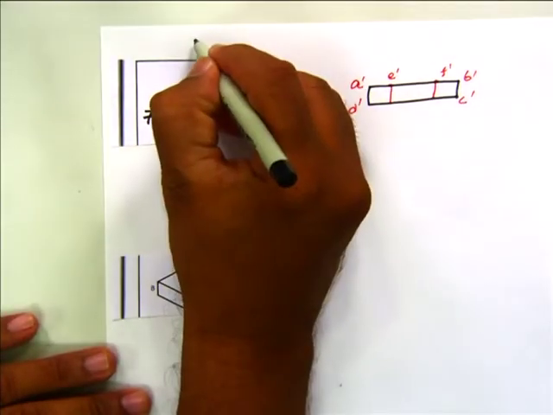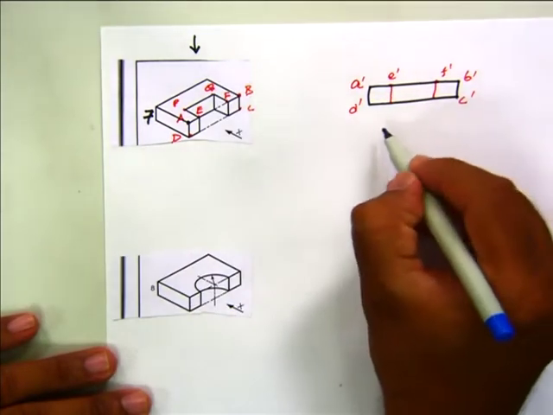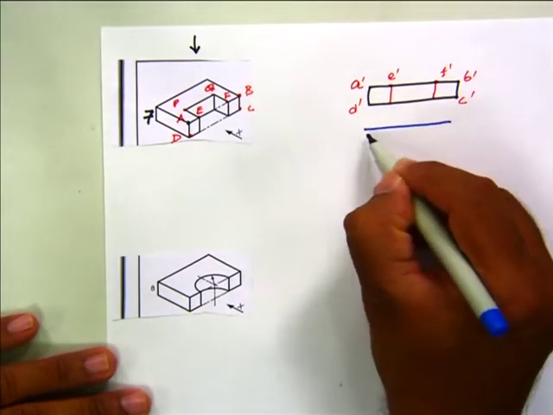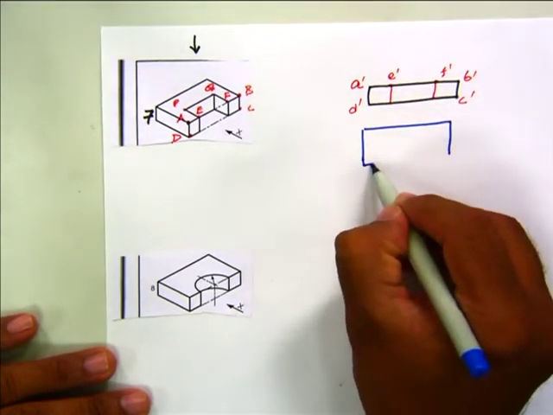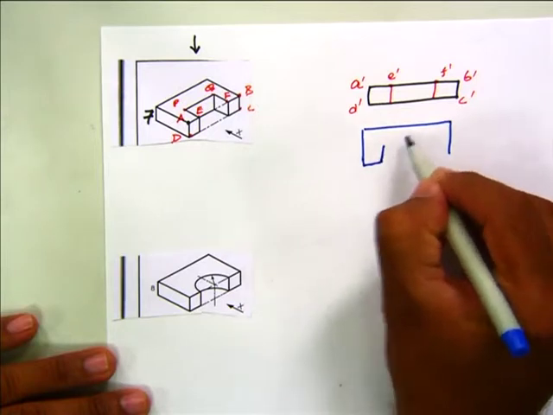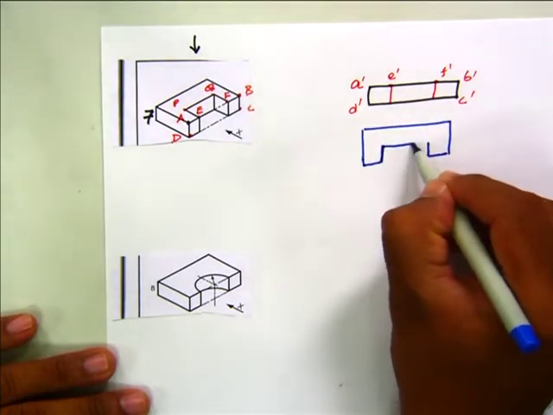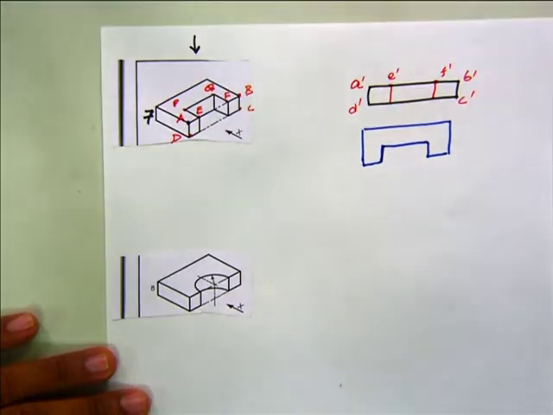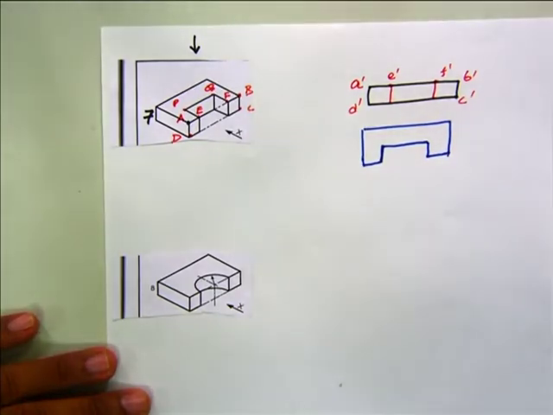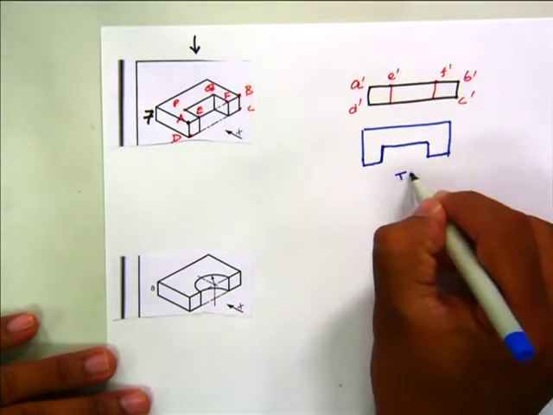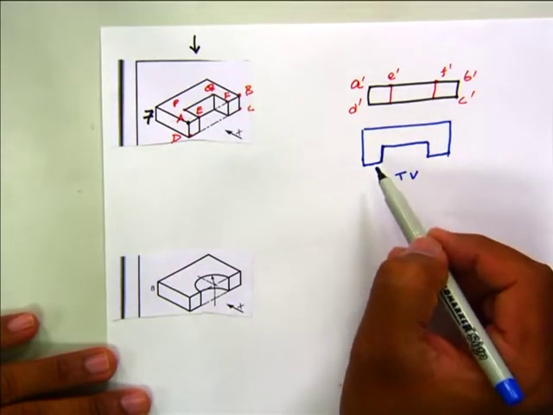When you are viewing from the top view, you can see like this. This is your top view. This recess you can see in top view.